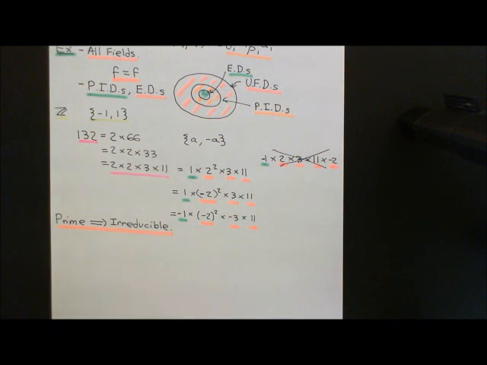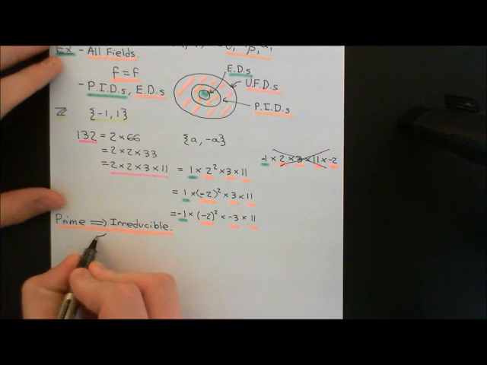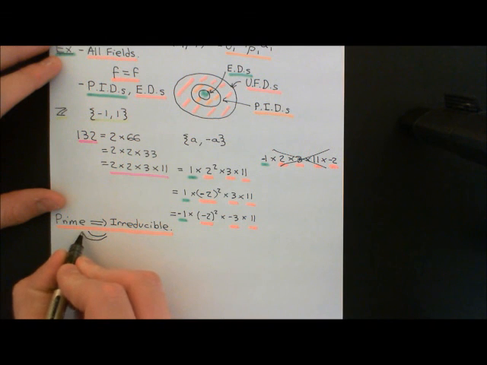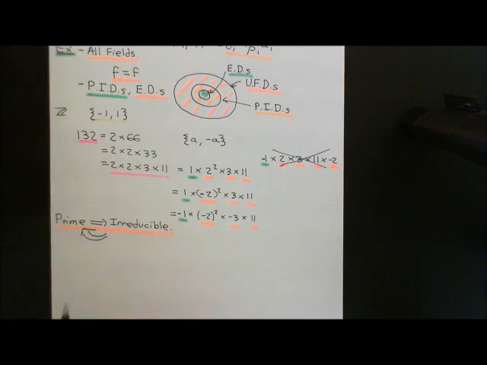Now, the key thing then is to show the other way round, to show that all irreducible elements are also prime elements. That's the new bit, and then if we've got both of these, then we can conclude that prime and irreducible can be used completely interchangeably. They're the same thing in a unique factorization domain.